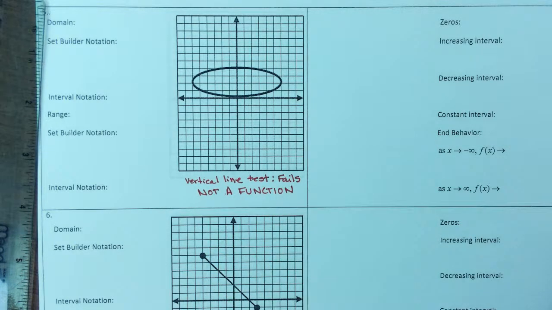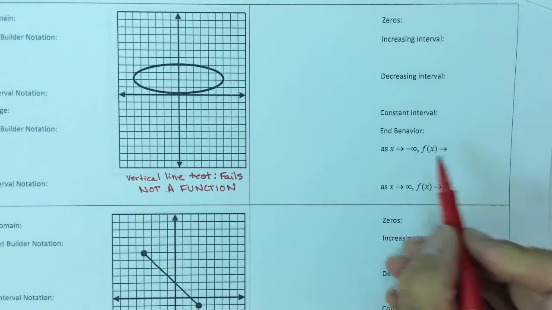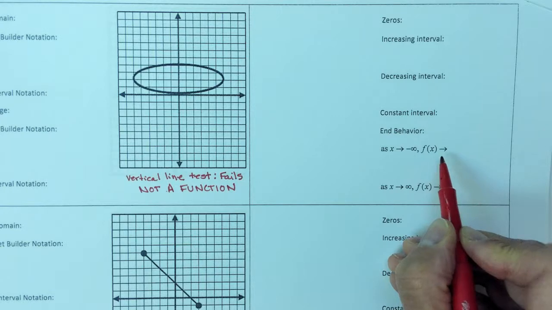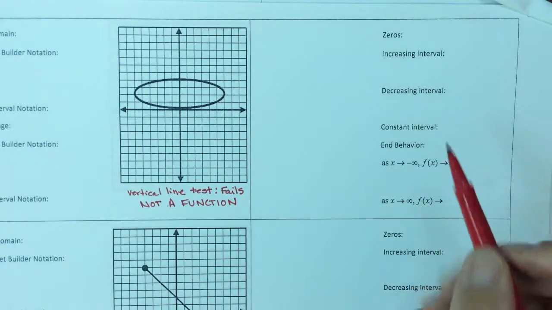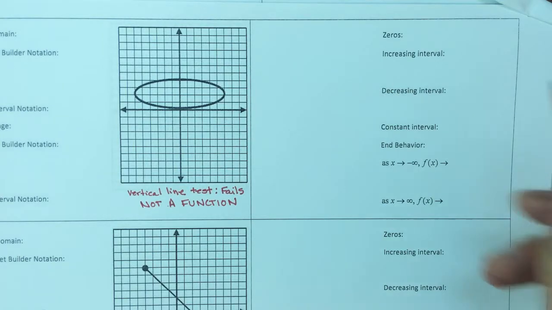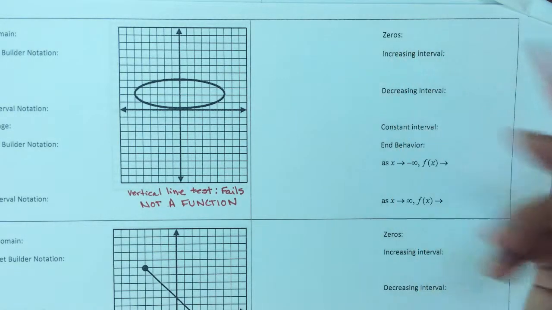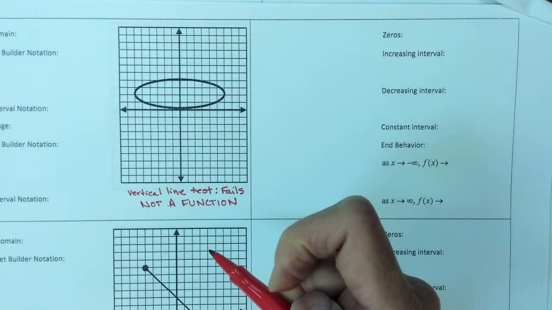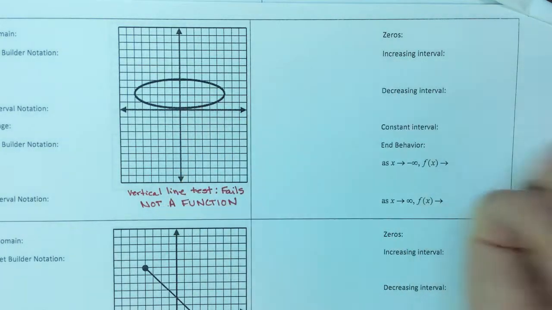So if something is not a function, we do not talk about functions, which means that we cannot do any of that. The only thing that we would maybe want to look at would be the zeros, but even then, I mean, there might be a zero right here if that were touching. It doesn't look like it is.